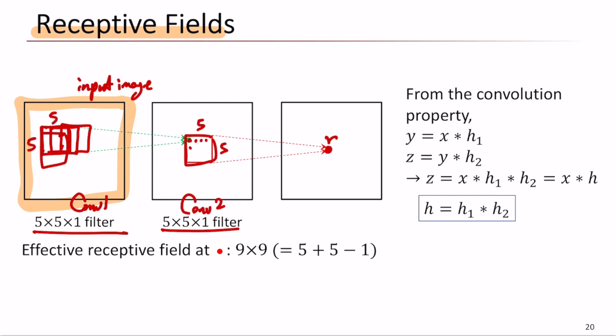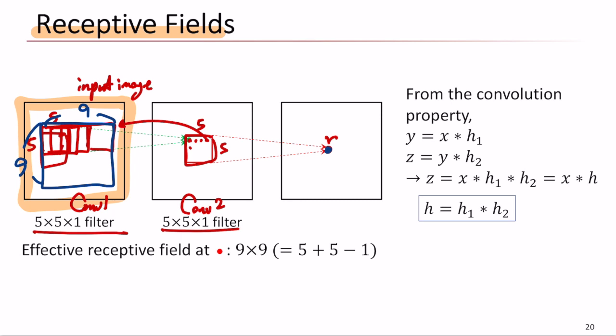Then by considering each output's related input elements for this single node, it's going to be 9 by 9. 9 by 9, right? By just considering the shape of the rectangle. Right? No, square.